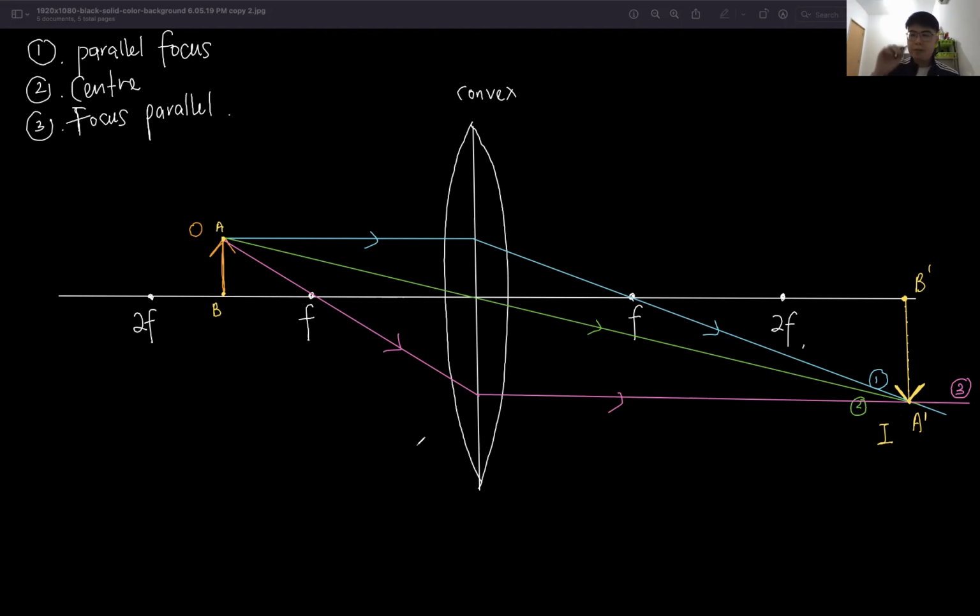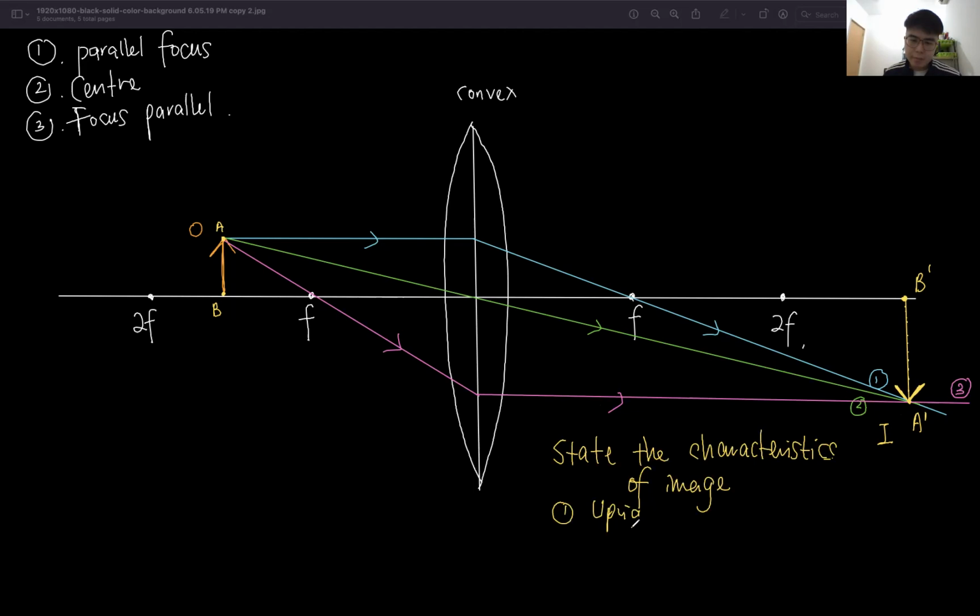Okay. After we draw the ray diagram, what do we want to do? Oftentimes, you will be asked to state the characteristics of the image formed. Now, think of characteristics in 3 things, only 3. Number 1, whether it is upright or inverted. Number 2, whether it is real or virtual.